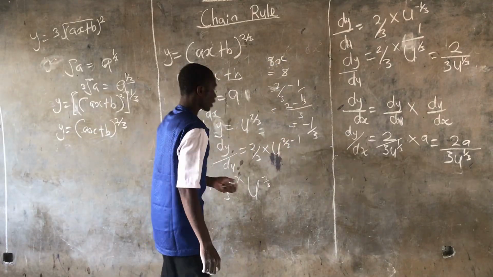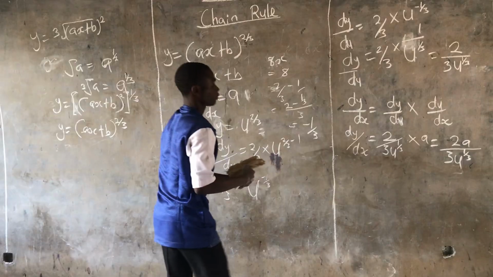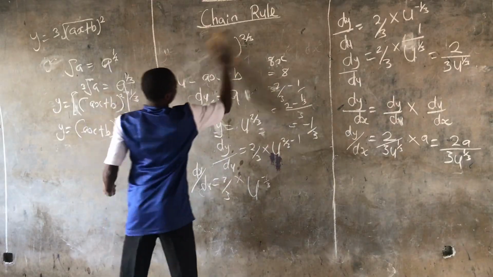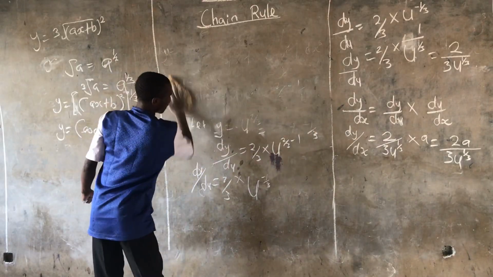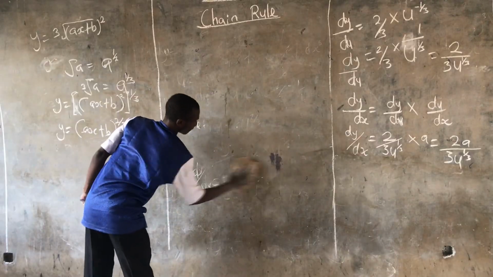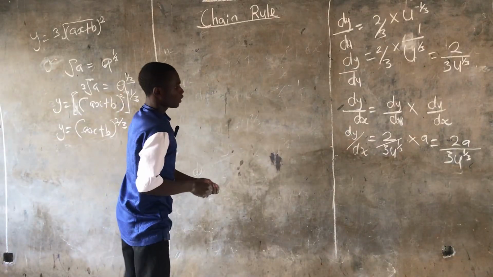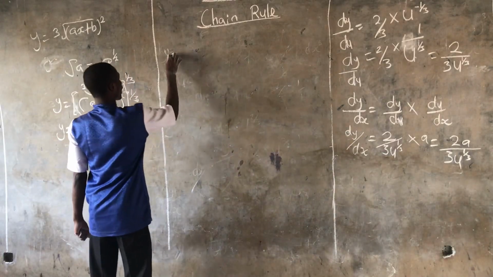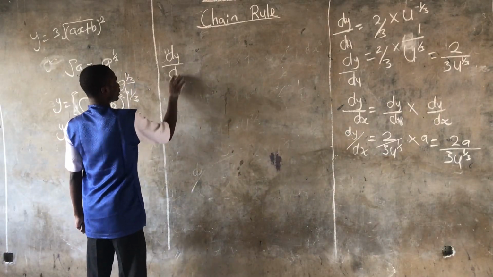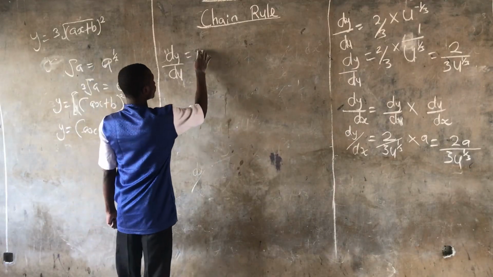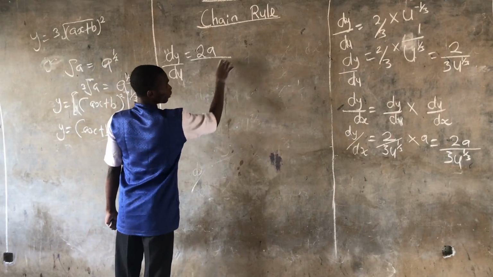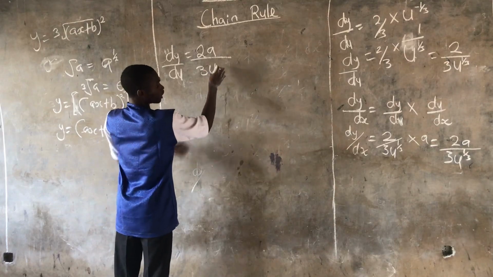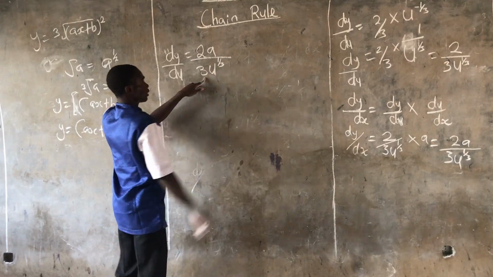Getting to this point, we can say our dy over dx is equal to 2a over 3u raised to the power 1 over 3.